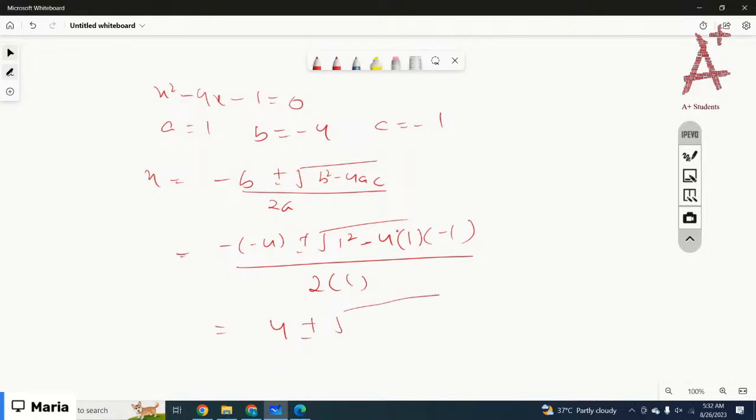So you have 4 plus minus square root of b square, 4 square, it would be 16 plus 4 divided by 2. So x could be 4 plus square root 20 over 2 and 4 minus square root 20 over 2. It would be x equals 4.24 and negative 0.24.